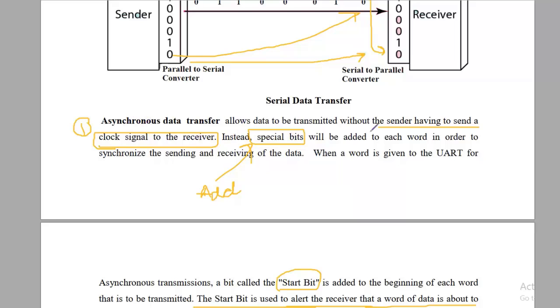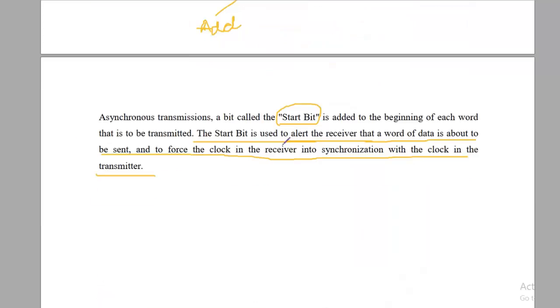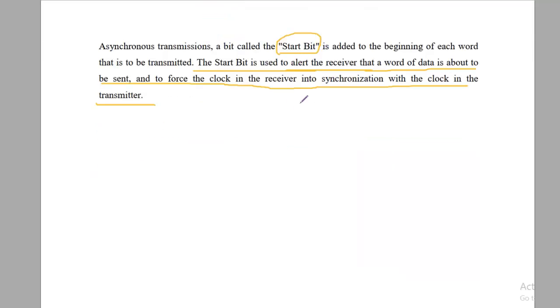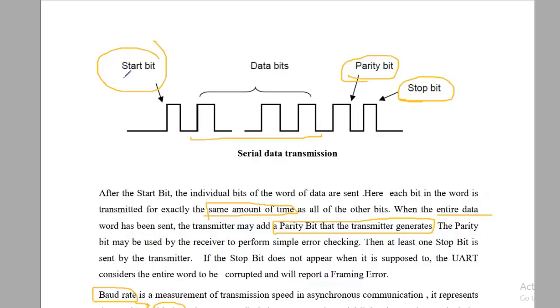In this type of transfer, we are sending the signal without using a clock signal to the receiver. Instead of the clock signal, we are using special bits, such as the start bit, which is used to alert the receiver that a word of data is about to be sent. You can see it here, this is the start bit.